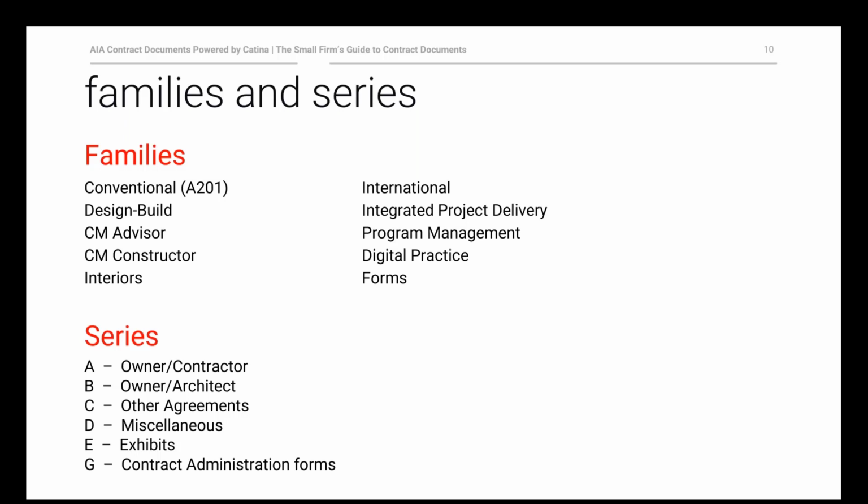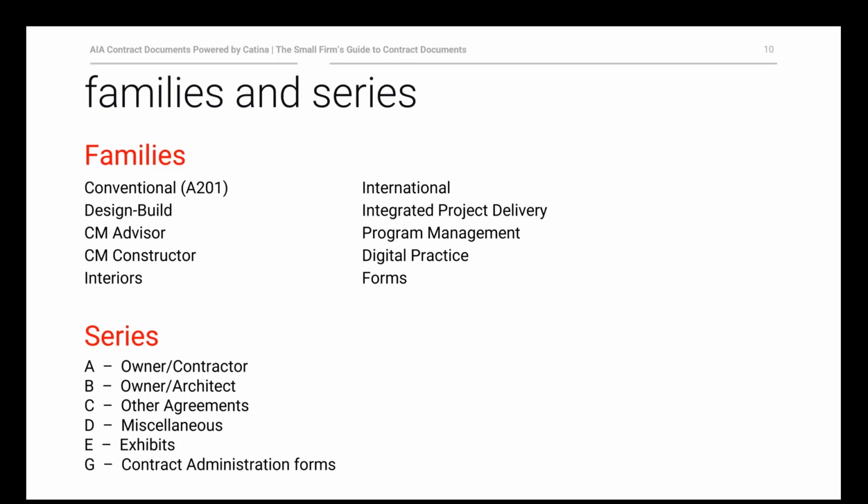Our documents are also broken down in a different way, and that's series. So if you look at an AIA document, in the heading, the first thing you'll notice is a letter and some numbers, and we're going to talk about that.